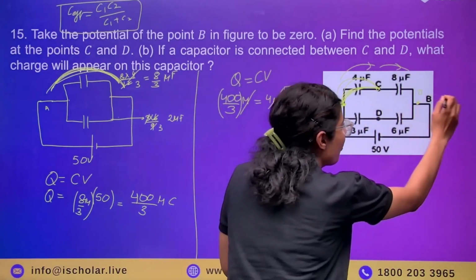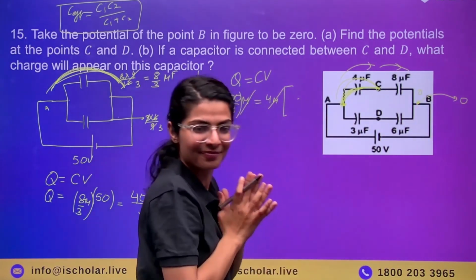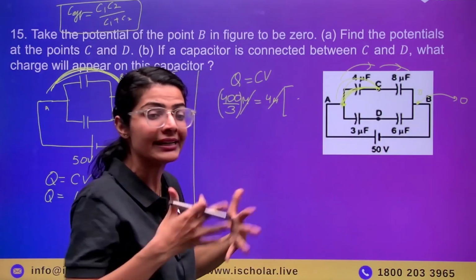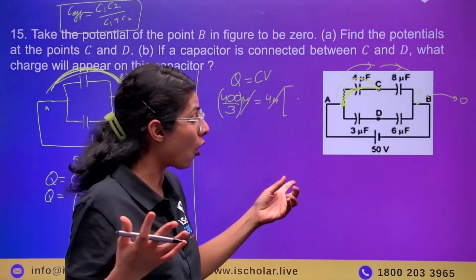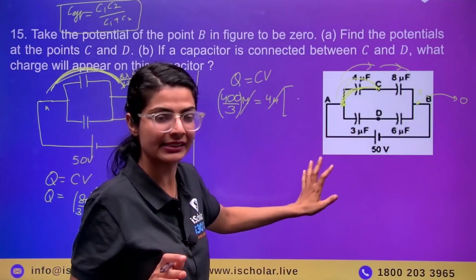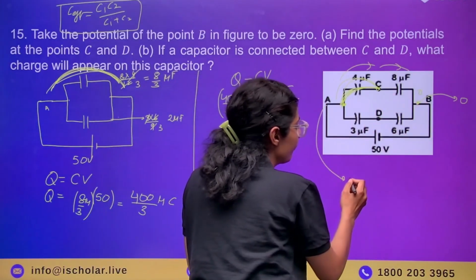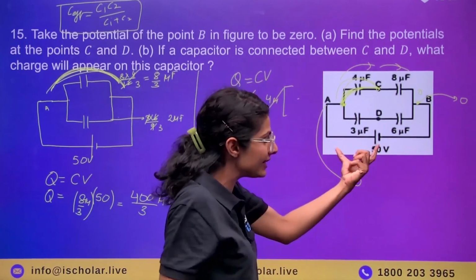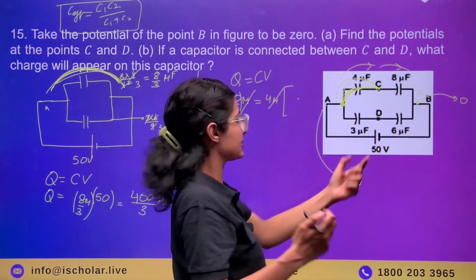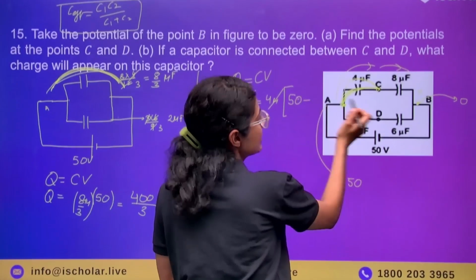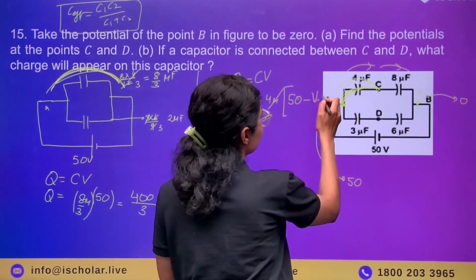Now if this point is 0, which is given, the purpose of the battery is to create a potential difference of 50 volt. So this part is 50 volt because it just creates a potential difference. So I'll write this would be 50 minus VC.